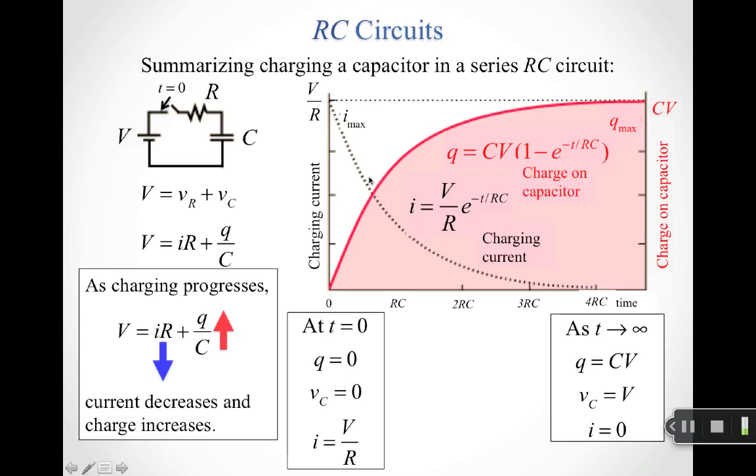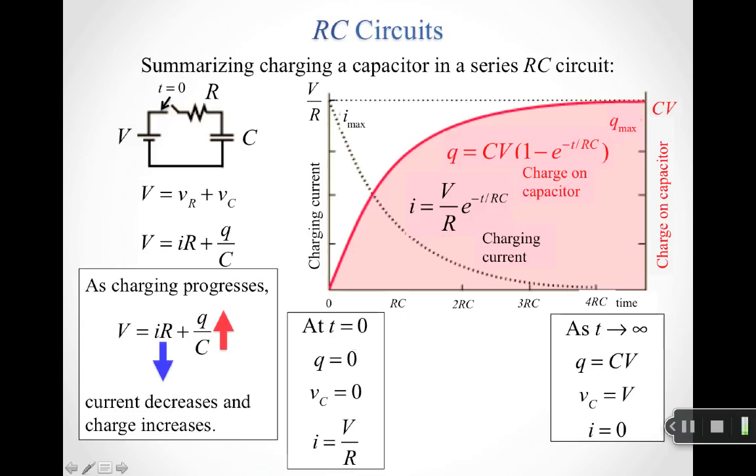As the current drops, here's the little dotted line in this particular plot showing the drop of the current, the charge on the capacitor increases. Here's the equation giving us the charge on the capacitor, and here's the equation giving us the current in the circuit.